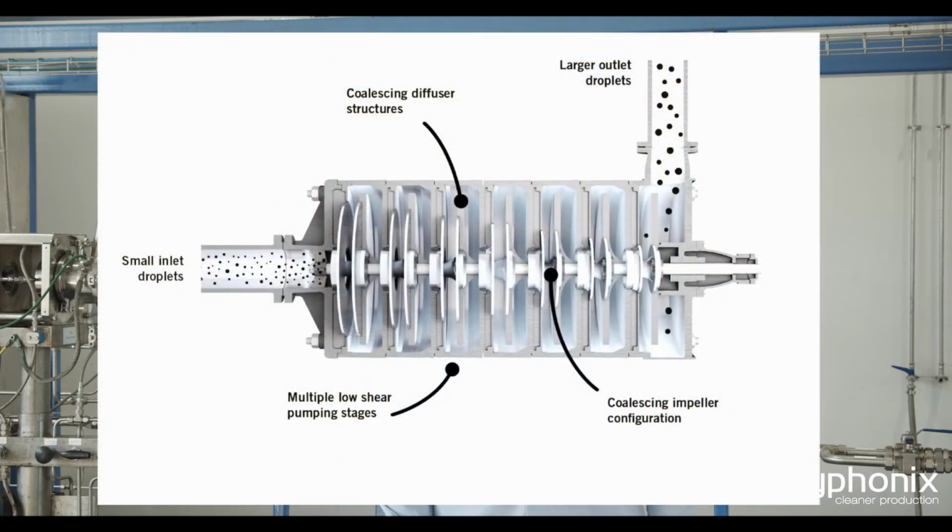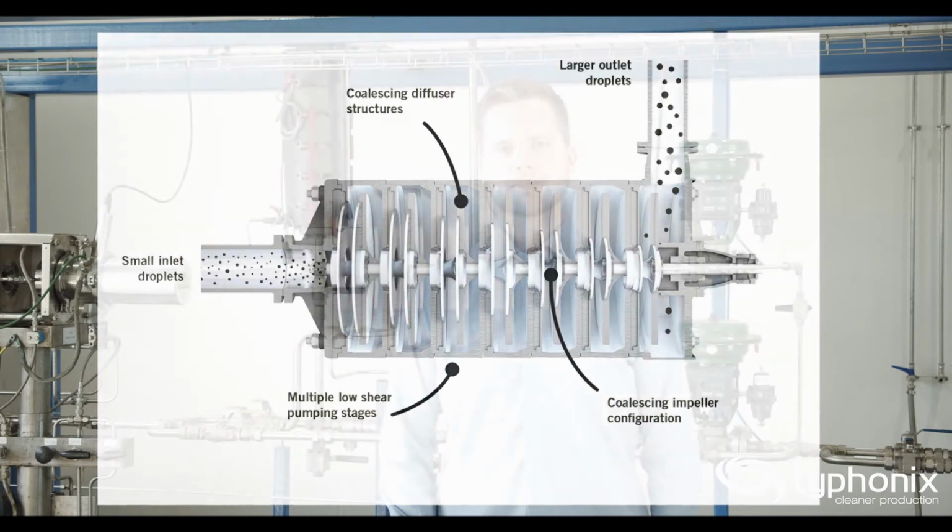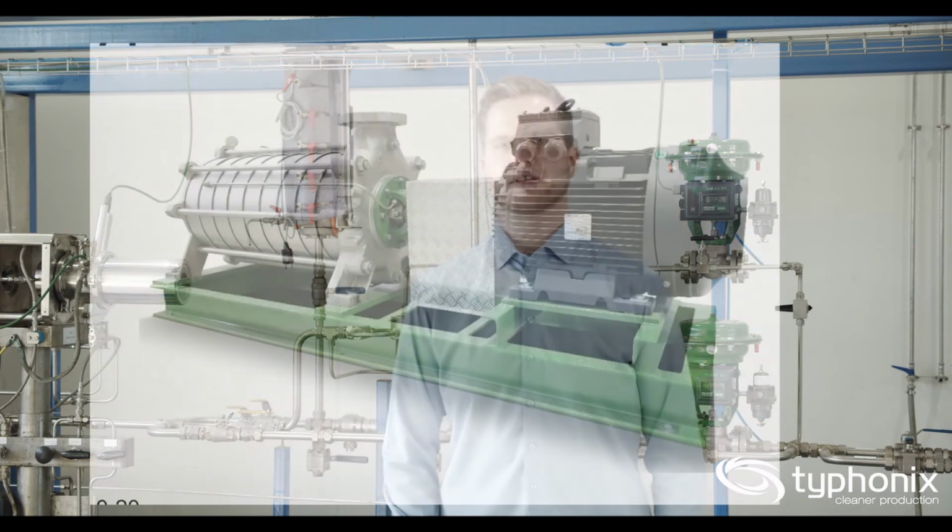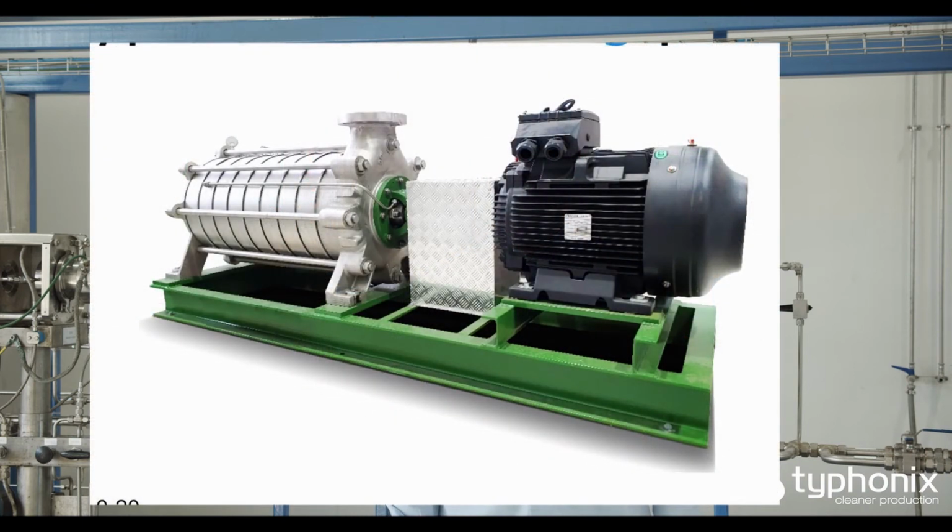The Typhonix coalescing pump is based on a standard multistage centrifugal pump, but we have tweaked the design in order to promote droplet-droplet coalescence. First of all, the pump is larger than what you would expect, and this is because we have increased the volume and also the time for the droplets to collide.